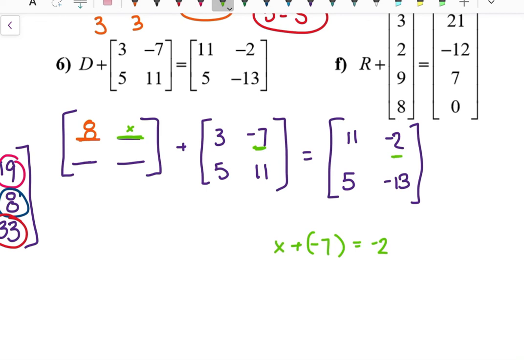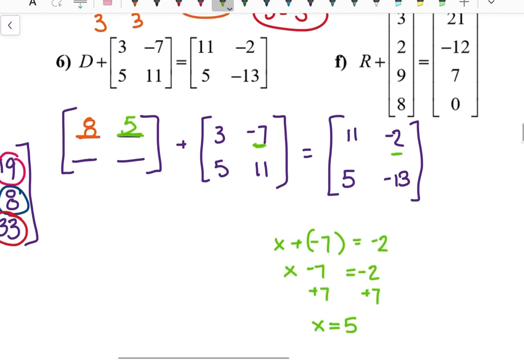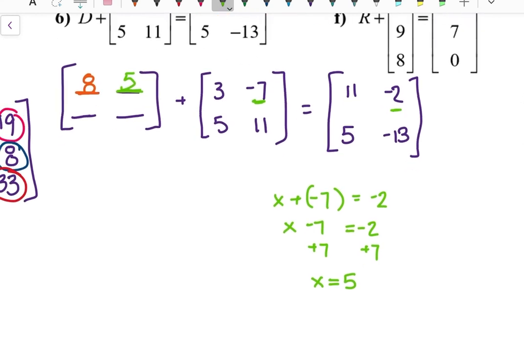In this case, remember that it's equal to the same thing as just x minus 7 equals negative 2. I would add over the 7, and I would get x is equal to 5. So I already know that now my space is going to be filled with a 5. So that's just another way you could do it. You could set up an algebra equation for each one. But you don't have to if you want to try to do it in your head. Highly recommend it if you don't know how to do it in your head, though.